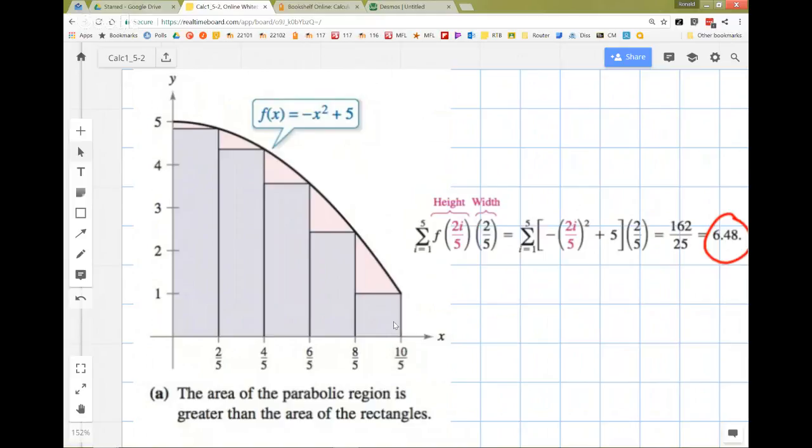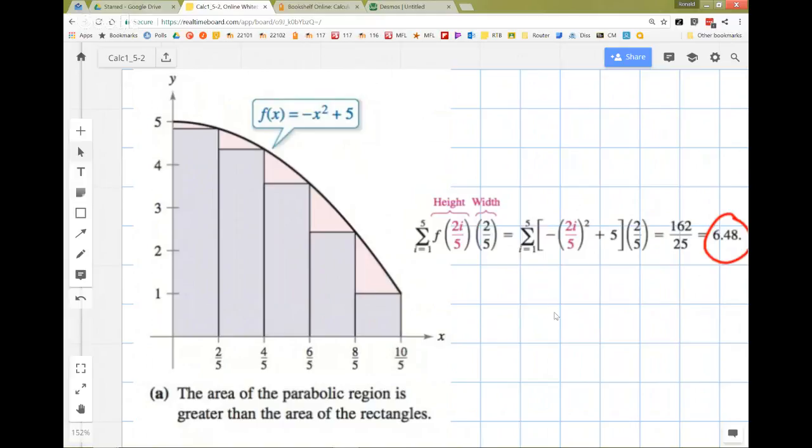And as you can see, we don't have this exactly. We're not going to have the same area because we've got this pink area here that is not included. But if we added up the area of these gray bars, it would start getting pretty close to the area underneath the parabola.